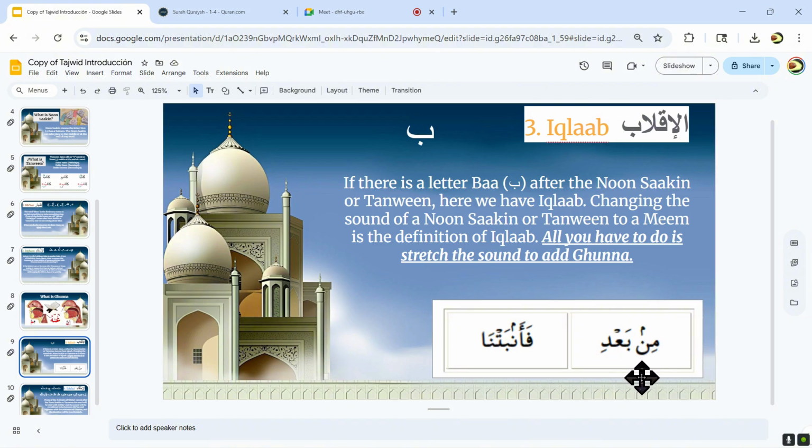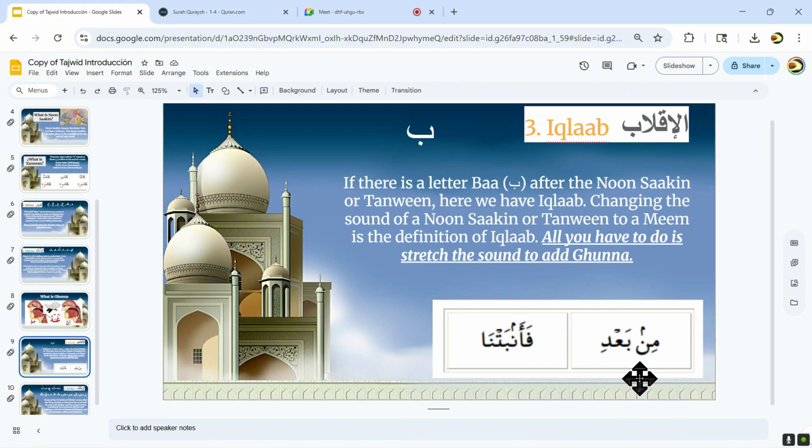So that is a letter meem right there, okay? Yeah. And basically, what we're saying is that if certain letters come after the noon, then that noon is pronounced differently because of the symbol on top of it.